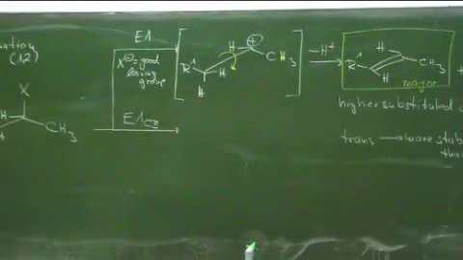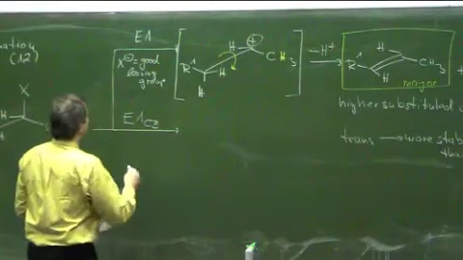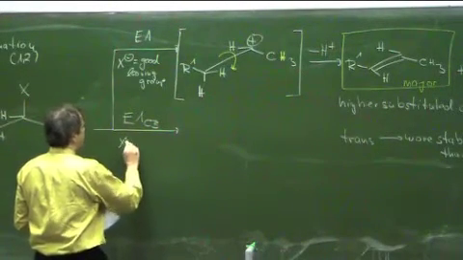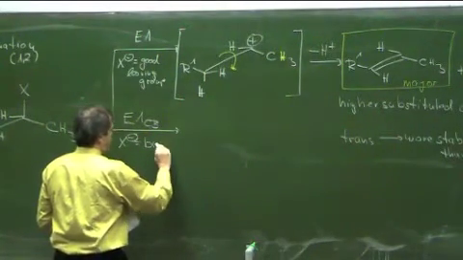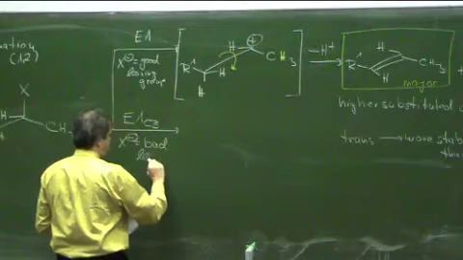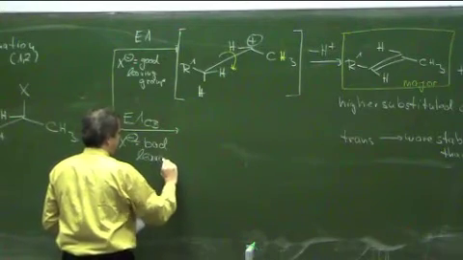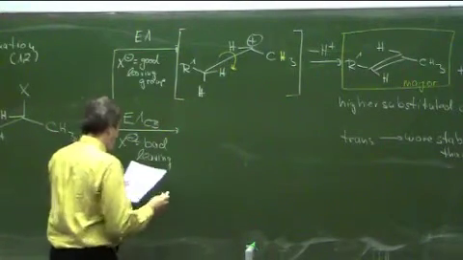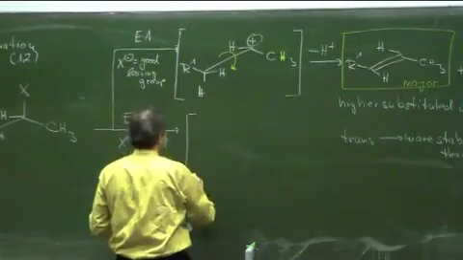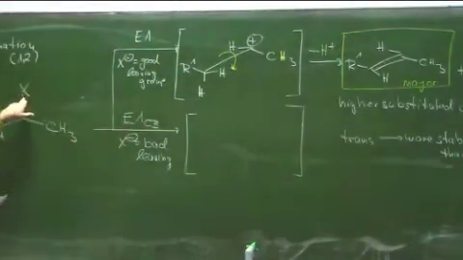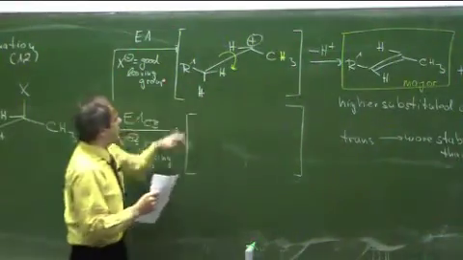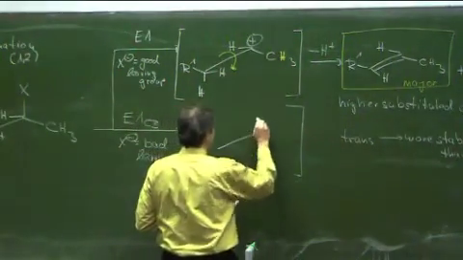And then we had in the last lecture at the very end something which followed an E1CB mechanism. And this was basically the opposite, that the X was a bad leaving group. And then instead of the leaving group X leaving first, it's a proton which gets abstracted first.